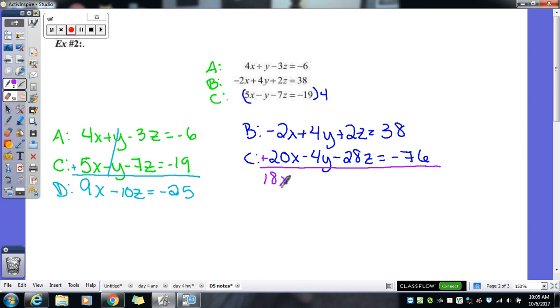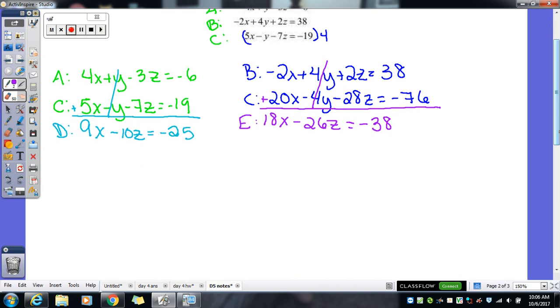So I get 18x, our y's cancel, negative 26z equals negative, I believe it's 38. So now we got our D and our E. So I'm going to line them up. Always makes it a little easier, I think, when you line up your X's, your Y's, and then your numbers.